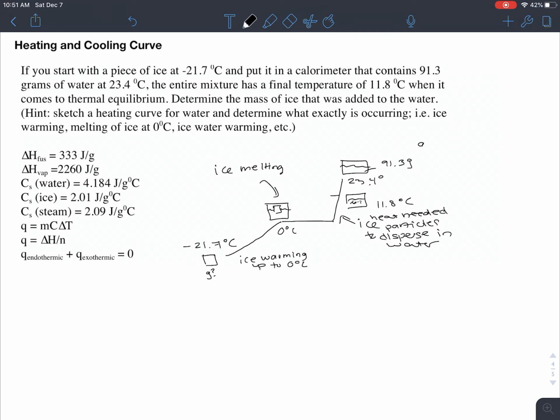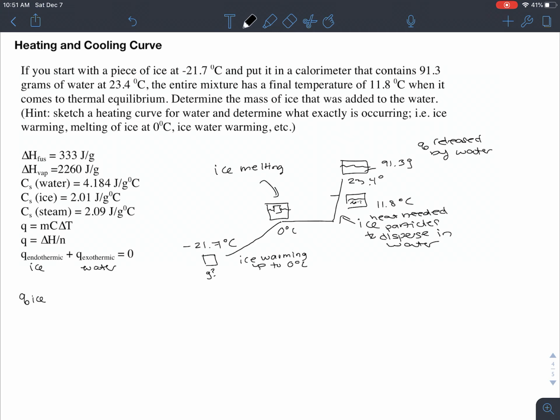And then there's one more: the heat released by the water cooling to thermal equilibrium temperature. So there's 4 things happening here. Your ice is all the endothermic process because it's all absorbing the heat, and the water is the exothermic process.